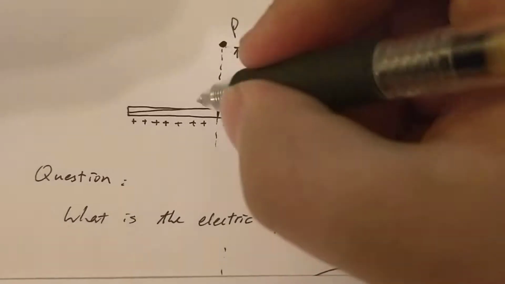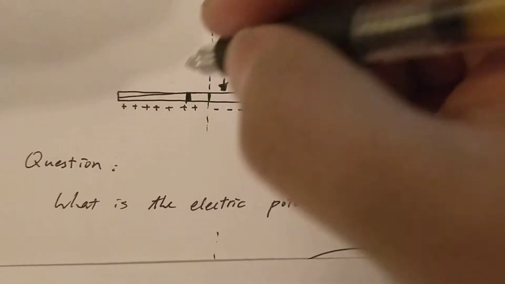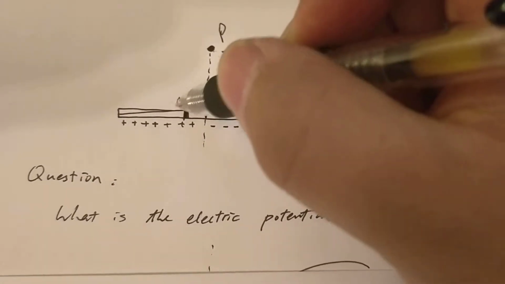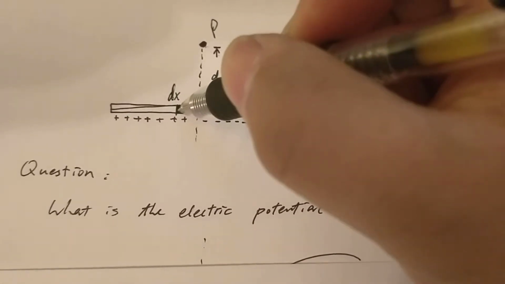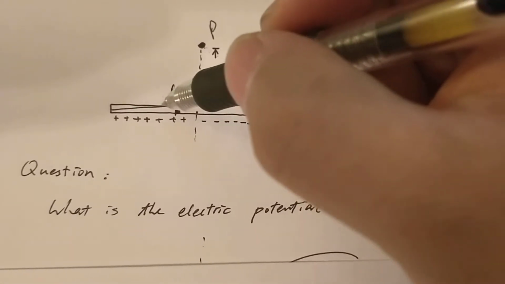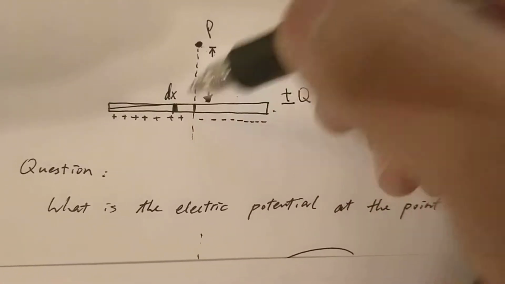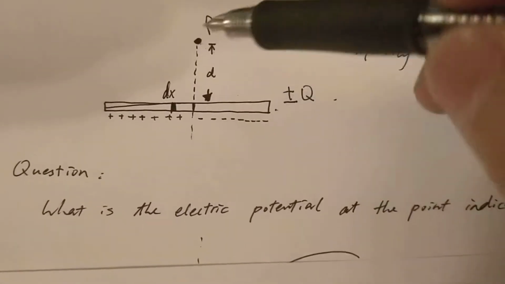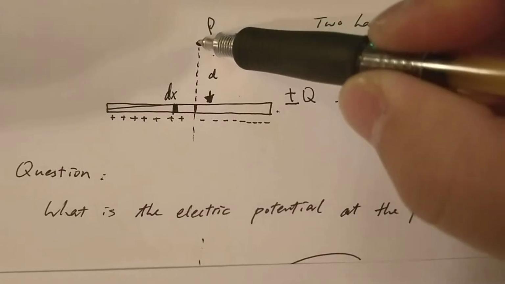If you take an infinitely small piece, the amount of charge in this piece is going to be the same all the way across this rod.